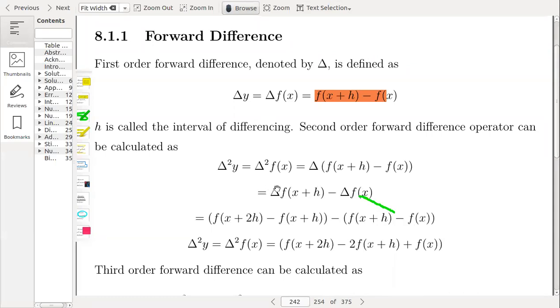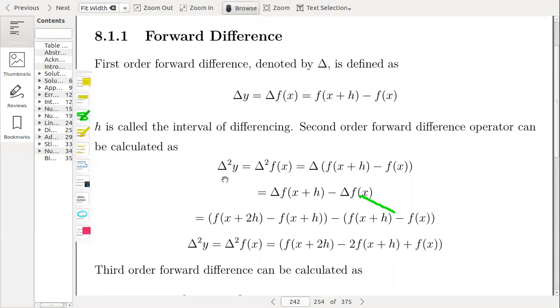You will have delta f of x plus h. Or you can say, the finite difference of x plus h and the next point x plus 2h. As we have seen, delta f of x is the finite difference of the function at the point x and the next point x plus h. So we are using a similar argument here.